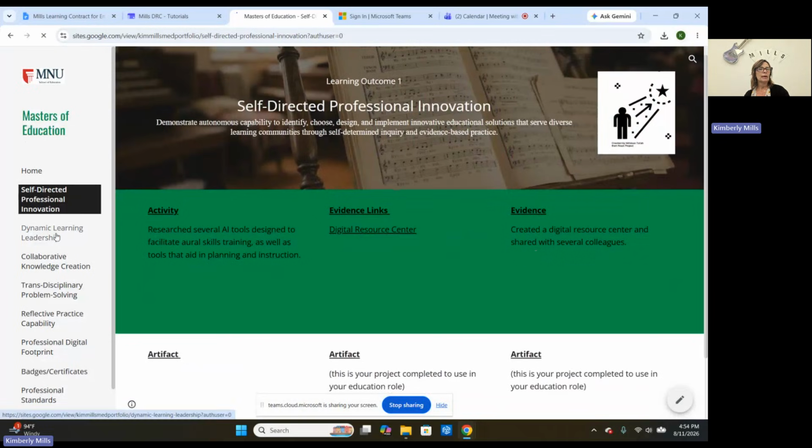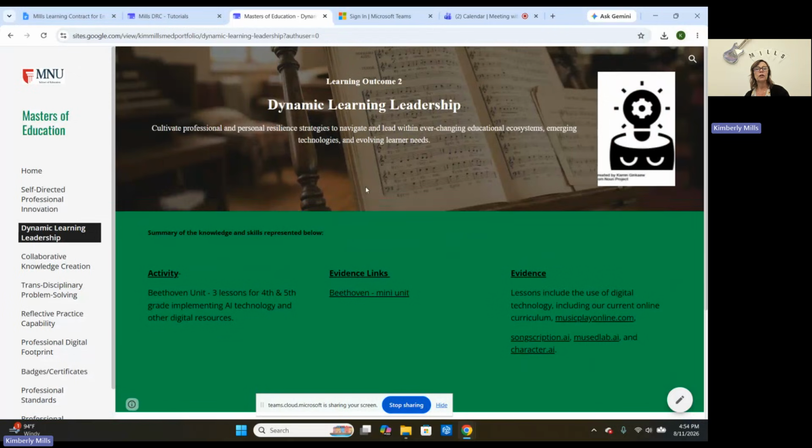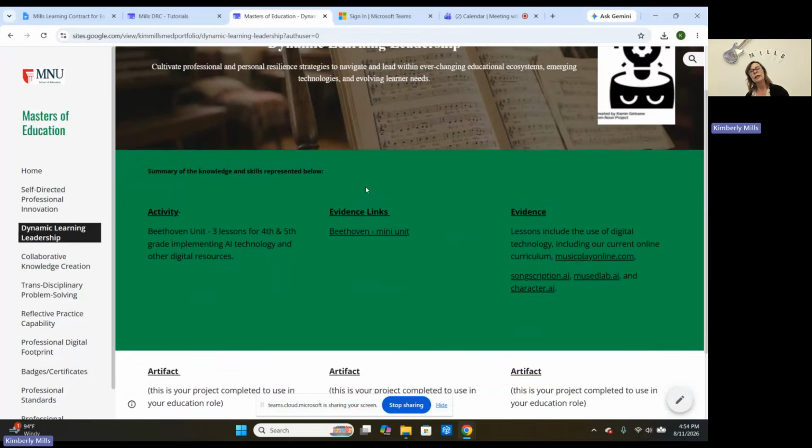Then we have dynamic learning leadership, which learning outcome 2 also connected to what I did this summer. And here I have the activity of the Beethoven unit, and I've linked it here. And I have mentioned the different online sources that the students will be engaged with as they learn more about Beethoven and his music.